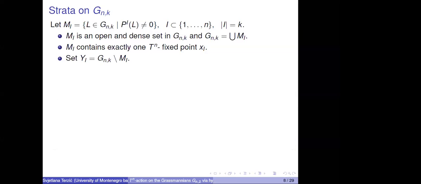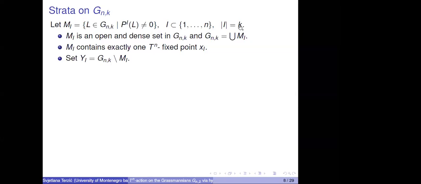The next construction we use here is that we consider these open sets M_I. These are the standard charts, the atlas for G_{n,k}, which are given by those elements from G_{n,k} which have the Plücker coordinate non-zero.